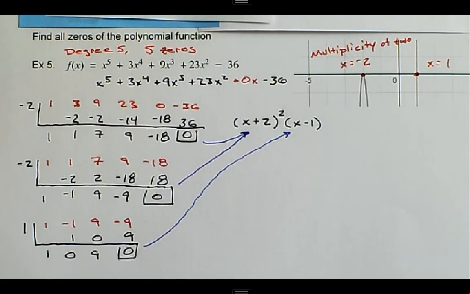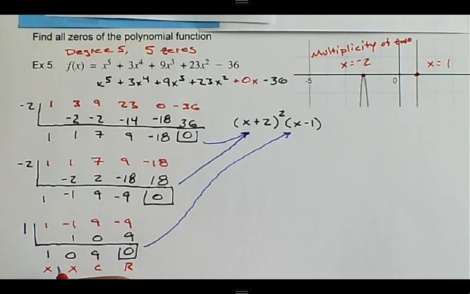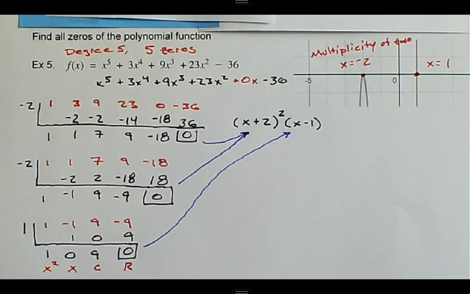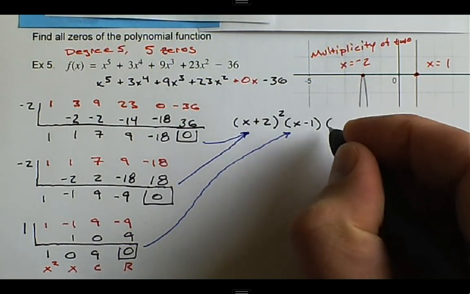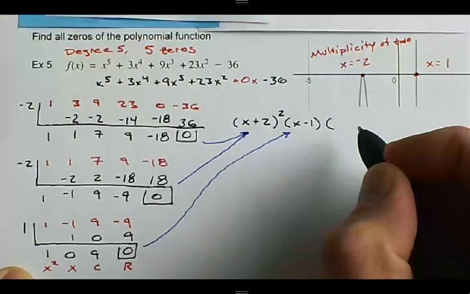So what do we have left? We know that this is our remainder, this is our constant, our linear, and our quadratic. So that's what we have left, and we can write that down next to this to finish out our polynomial.